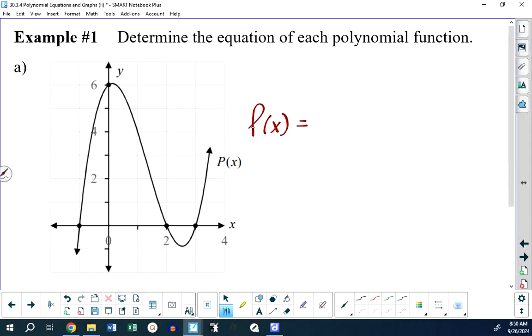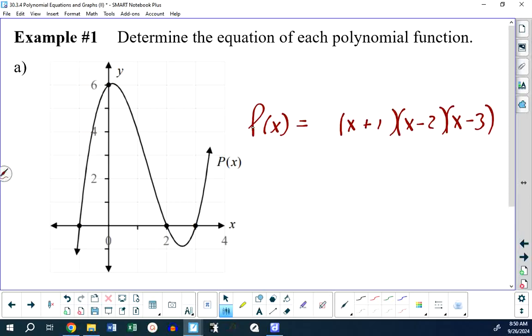You would say, well, I know that if I have an x-intercept of -1, which I do, there is a factor of x plus 1. And if I have an x-intercept of +2, there is a factor of x minus 2. And I also know that I need a factor of x minus 3 because the graph crosses at +3. You're okay with that? Okay.